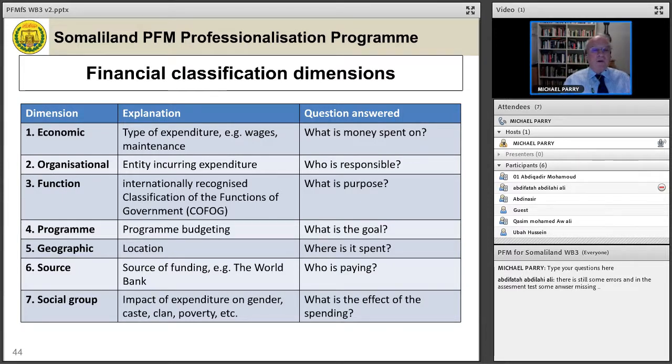Your program codes, if you've got program budgeting, and we briefly touched on program budgeting when we looked at budgets. If you've got program budgeting, you need a program classification. It tells you the goal of the expenditure. Geographic expenditure, most people will want to know where the money is spent, particularly in large countries, how much is spent on each region or district of the country.